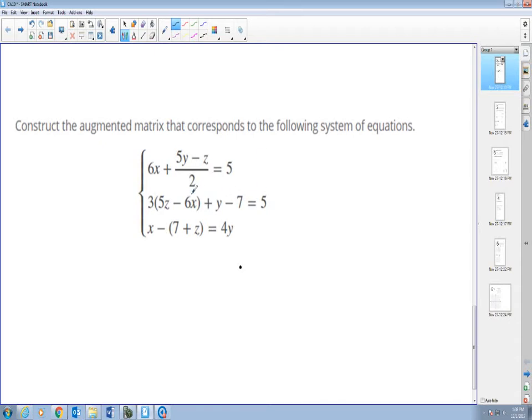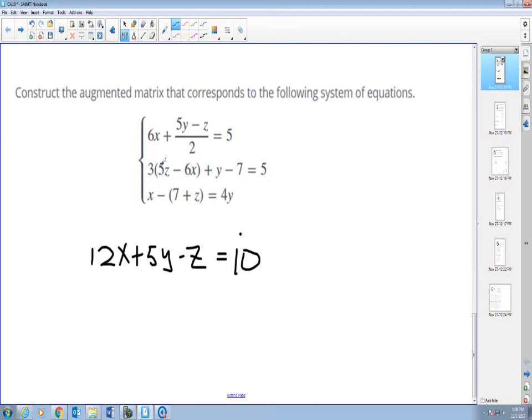For this one here, I'm going to multiply every term by 2. So that gives me 12x plus, if I multiply this middle term by 2, 5y minus z equal to, if I multiply this third term by 2, 10.